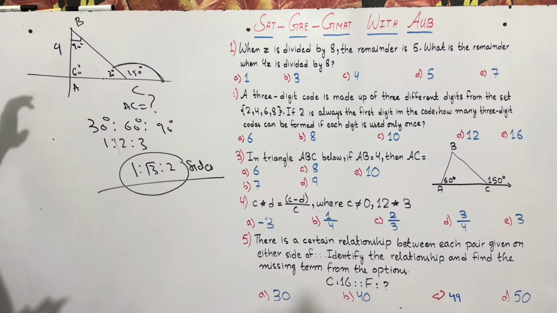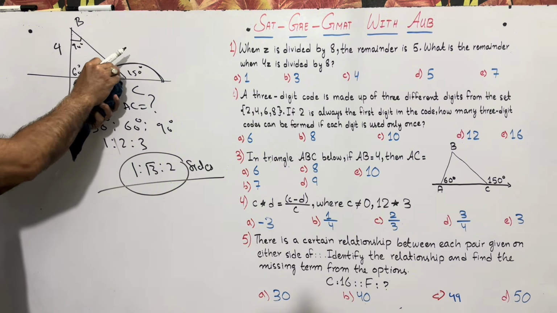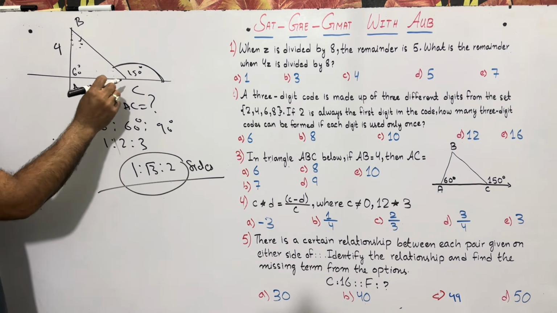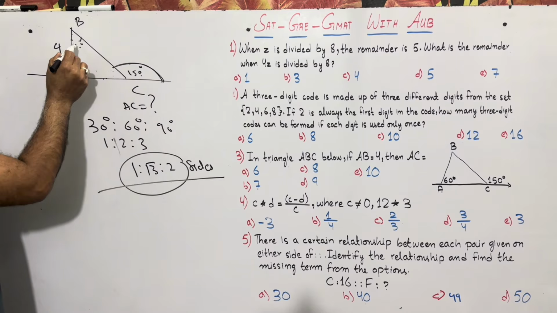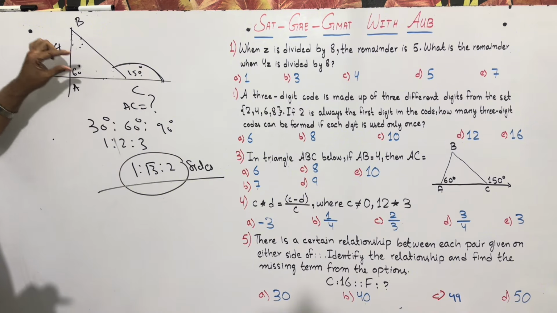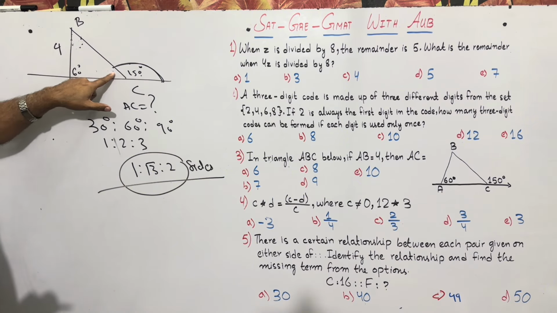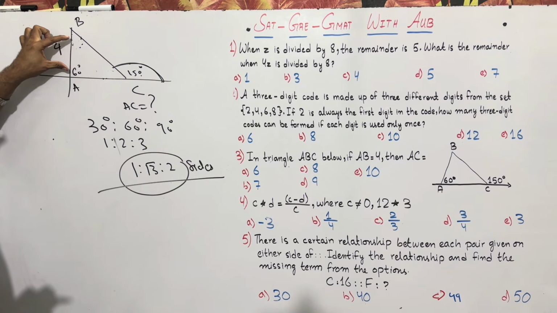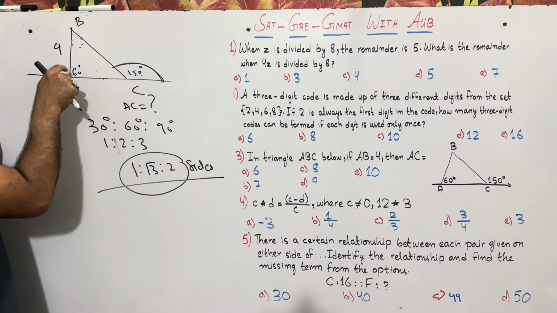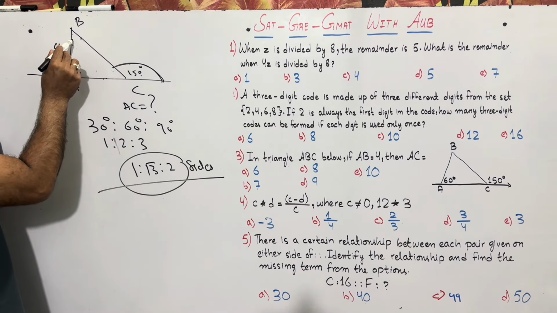Cool concept. Number 2: we can approach this directly by utilizing the fact that the exterior angle is equal to the sum of the interior non-adjacent angles. This 150 is equal to the sum of the non-adjacent interior angles, angle A and angle B. So 60, what should be added to 60 to get 150?